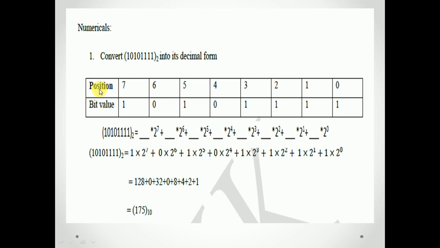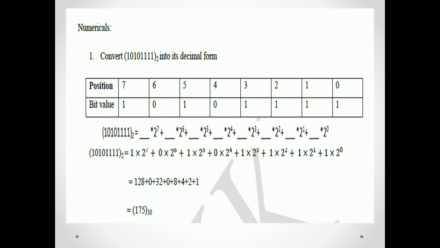In the first row, position, and in the second row, bit value. Bit value means this is the first bit, this is the second bit, this is third, fourth, fifth, sixth, seventh, eighth. Likewise these bits are there. Clear?